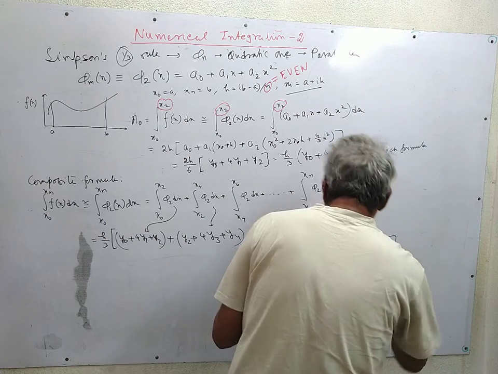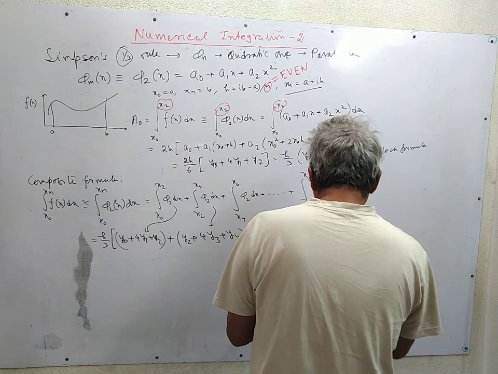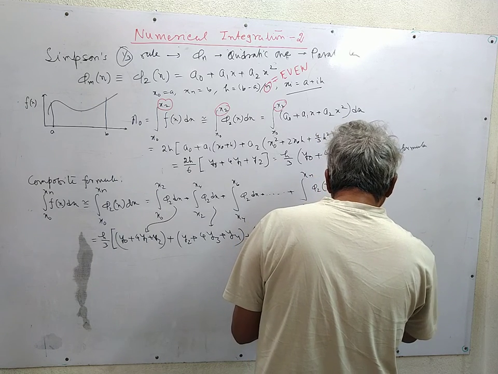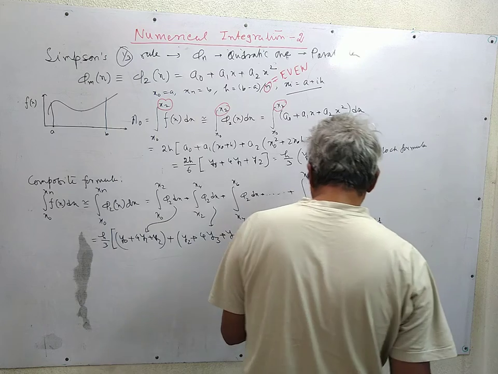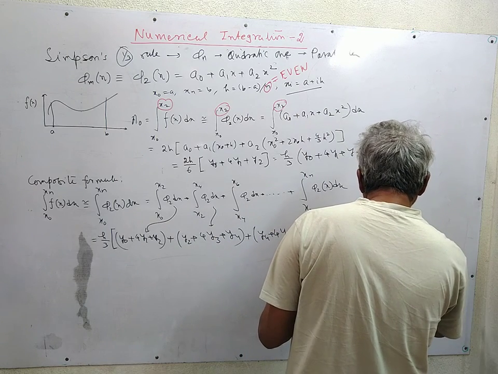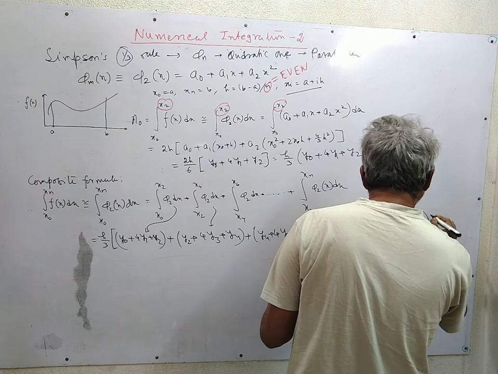This is the last term. The previous one would be y(n minus 4) plus 4y(n minus 3) plus y(n minus 2).